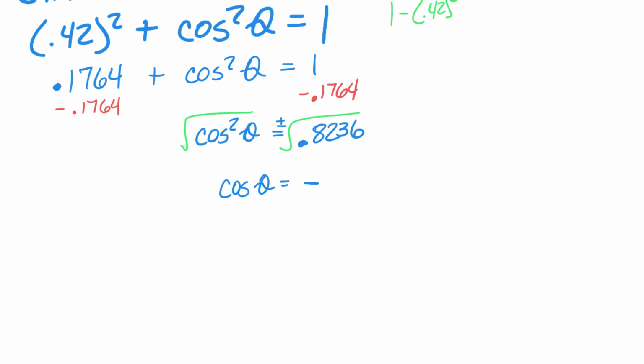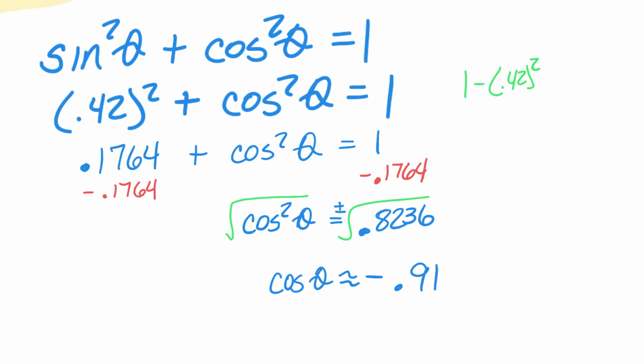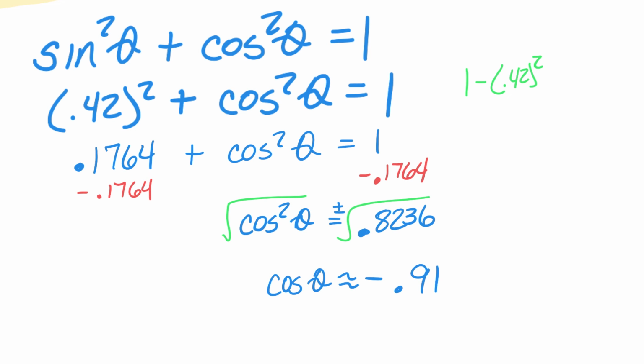The square root of that number is 0.91. And as I said, we are now dealing with approximately negative 0.91. That would be your third example from your Delta Math assignment.